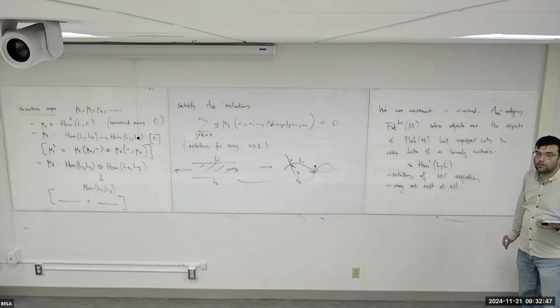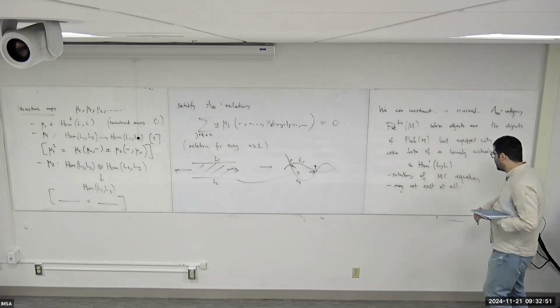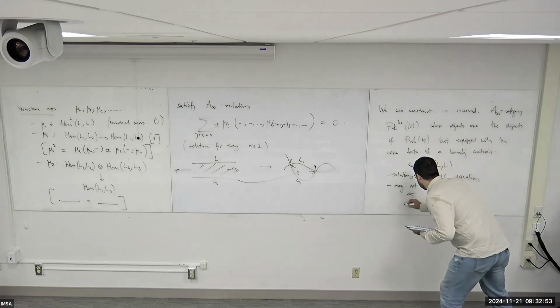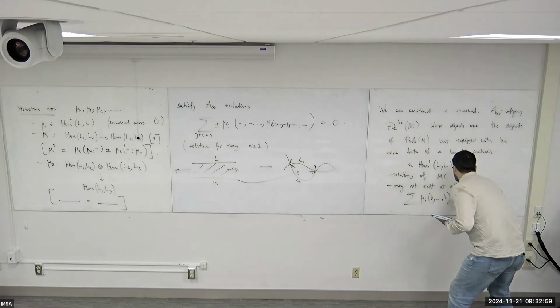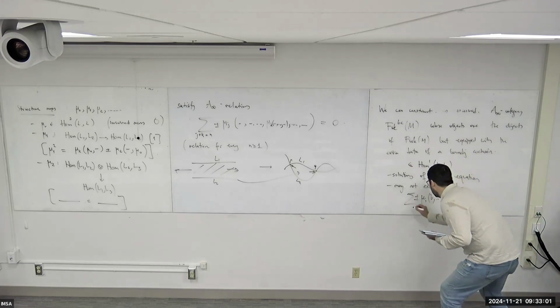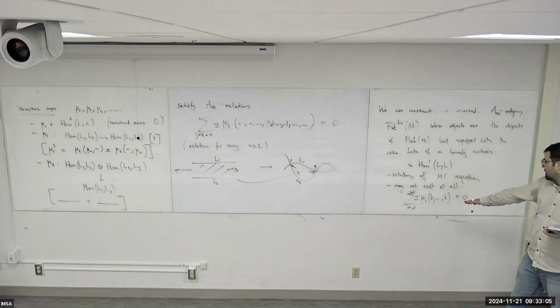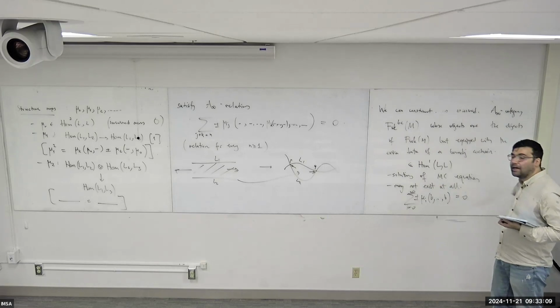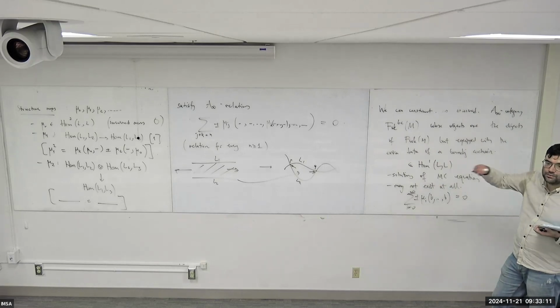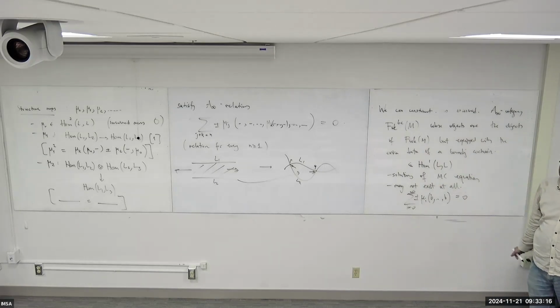Let me just write the equation: mu_k(b,...,b) summed equals 0. There's a sign, but this starts from 0. It's just like the usual Maurer-Cartan equation if you didn't have a mu0 and the higher mu3, mu4, and so on. If you just had mu1 and mu2, this is the usual Maurer-Cartan equation.